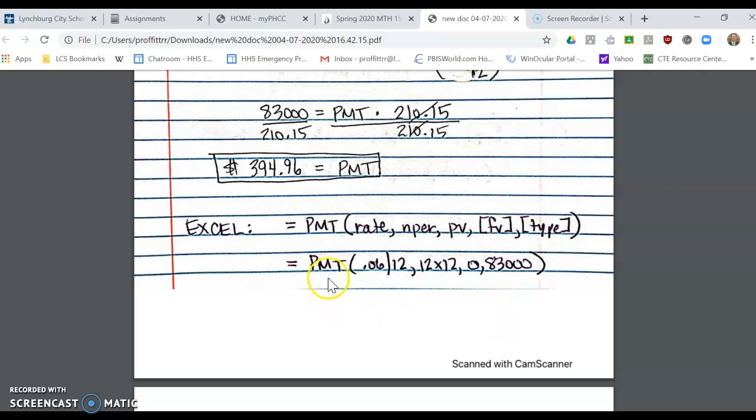So what we'll type in Excel is equals PMT, parentheses, the interest rate will be the 6% APR, but we'll divide that by 12 to get our monthly interest rate, comma, the number of periods we're paying on this is 12 months times 12 years, so 144. Our present value, we have nothing saved, comma, our future value, we want our future value to be $83,000. So that's what we'll type in.